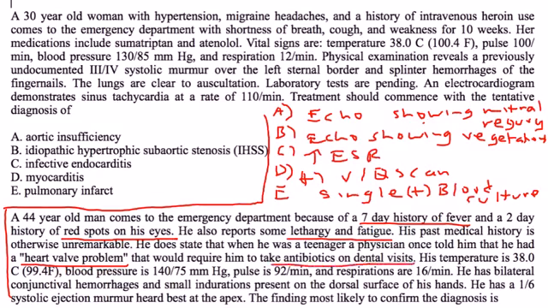Okay? Temperature is 99, blood pressure is 140/75, pulse is 92, respirations are 16. He has bilateral conjunctival hemorrhages and small indurations present on the dorsal surface of his hands. He has a 1 out of 6 grade systolic ejection murmur heard best at the apex.